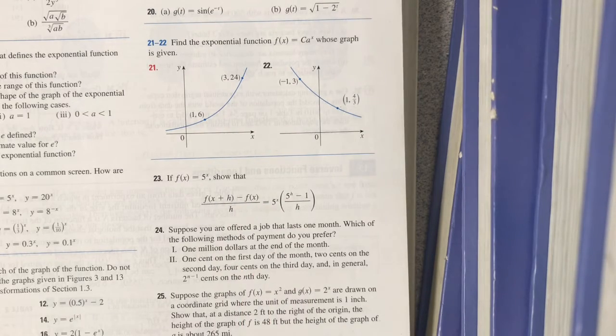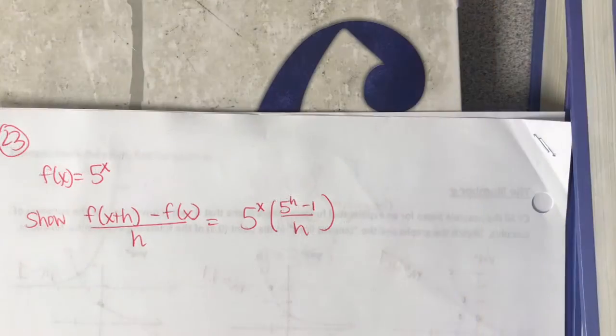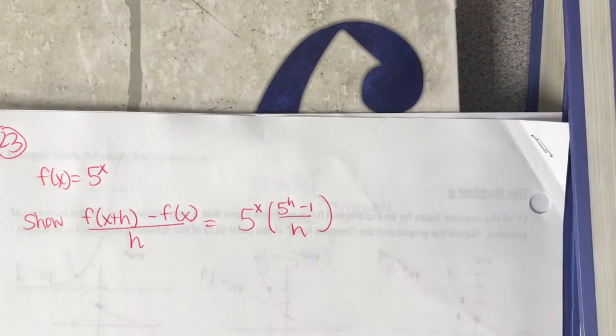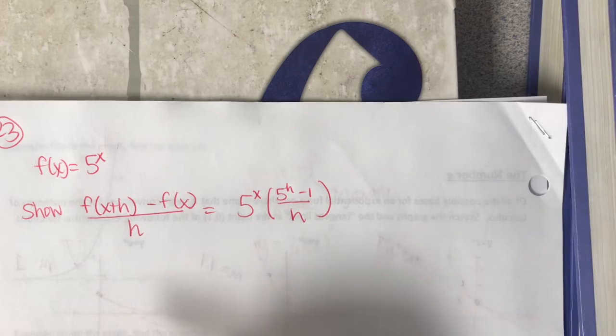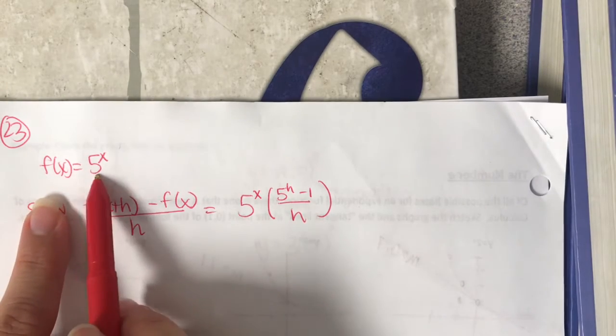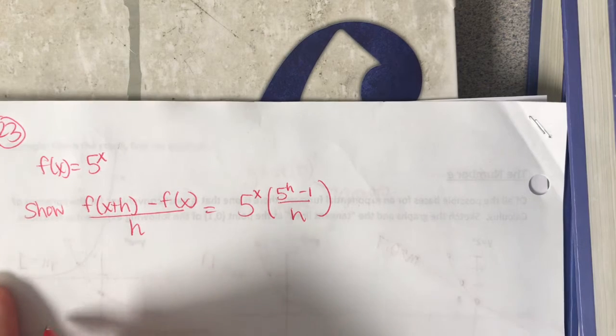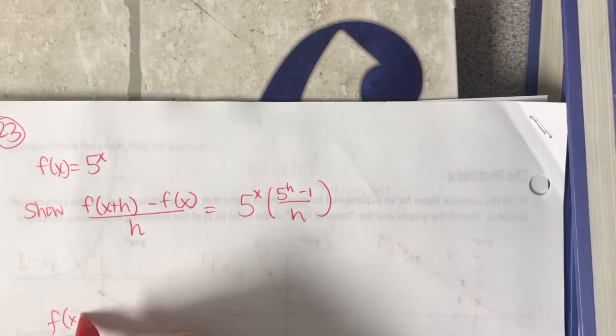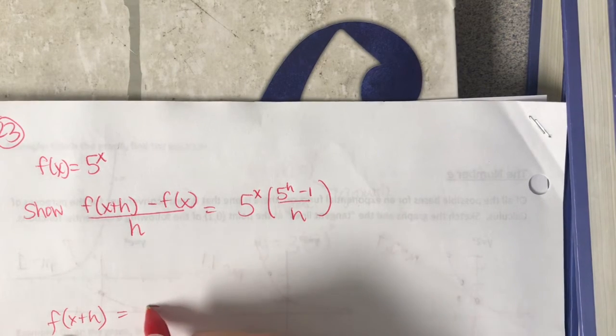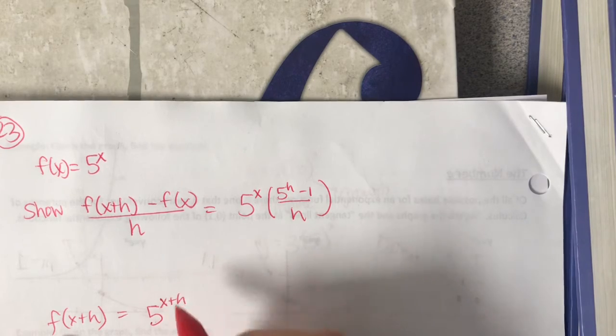So I'm going to kind of break that down on my paper. At first this definitely looks very confusing, so maybe it would help to break it into parts. Right here, f of x equals 5 to the x, that's going to definitely be plugged in right here. But let's just see what f of x plus h would look like. That would just be 5 to the x plus h.